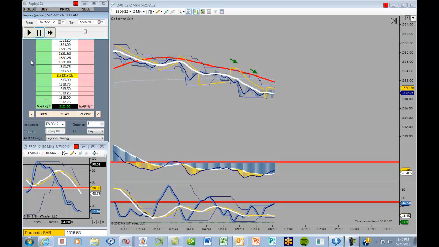All right, we're not quite ready to break above that midline on the stochastic. There we go. All right. Now, what's going on here? Probably this is a wave 4 that we have going on here.